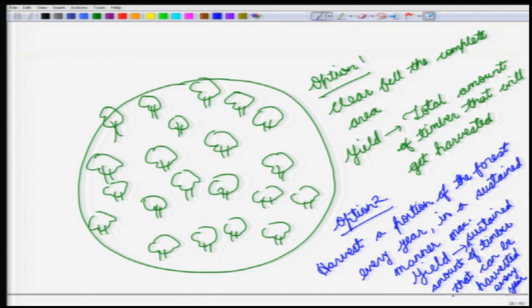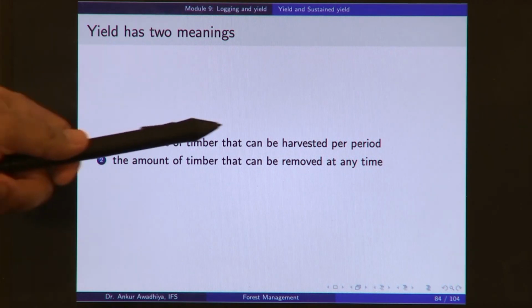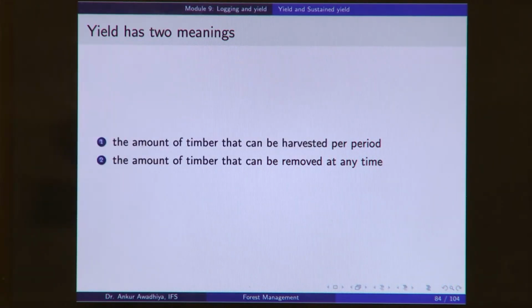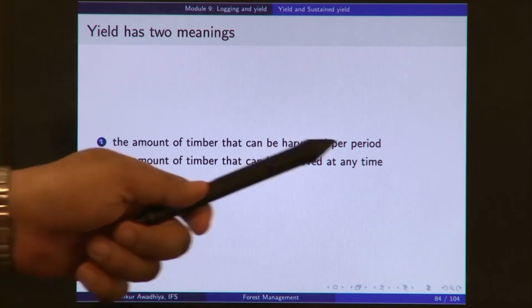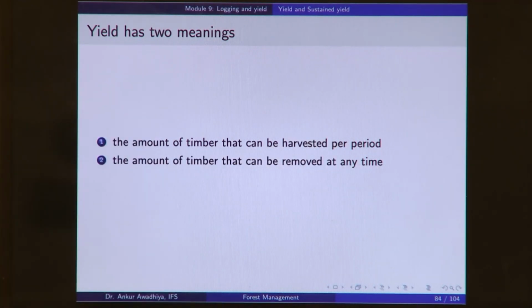So, these are the two meanings of yield. The first meaning is the amount of timber that can be harvested per unit period. Generally, this period is taken to be 1 year. So, the amount of timber that can be harvested every year, or the amount of timber that can be removed at any time. So, at any time, it means that we are taking a snapshot and we are asking the question, what is the total amount of timber that I have?